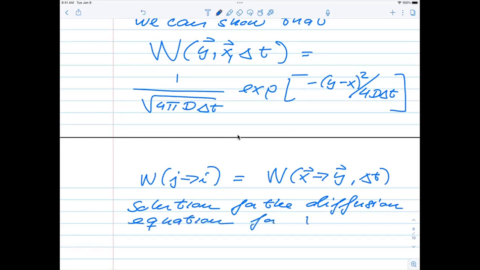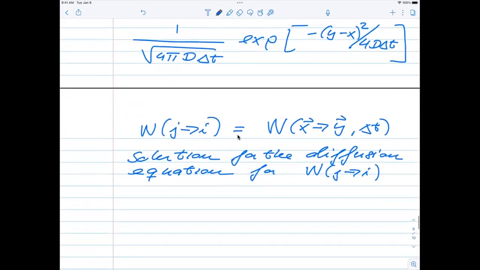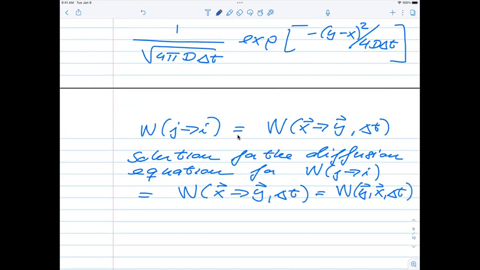for this probability distribution W(j→i), which in our case is now given by us moving from a position x to a position y in a time step delta t, and that's the same as this quantity which we defined as W(x,y,t) in its time step delta t here.